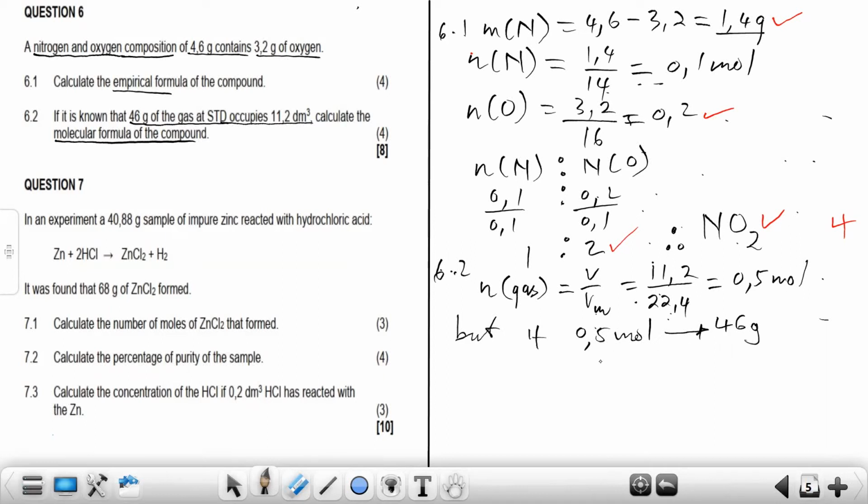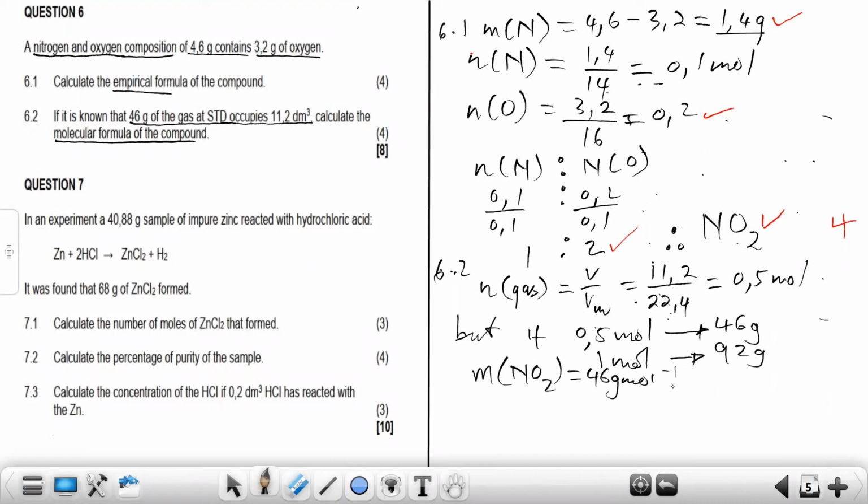So it basically says if I use 1 mole of a gas, it must produce 2 times more, and 2 times more must be 92 grams. So if this is the case, then I can easily say the molar mass of NO2 is 46 grams per mole.